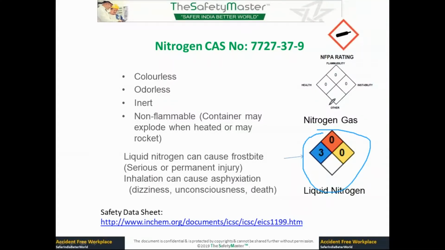So any form of transportation of these gases comes under hazardous. There is something called an orange board in the front and the back. It's called class 2 under transport of dangerous goods. Now, nitrogen is basically colorless, odorless, inert, and non-flammable.